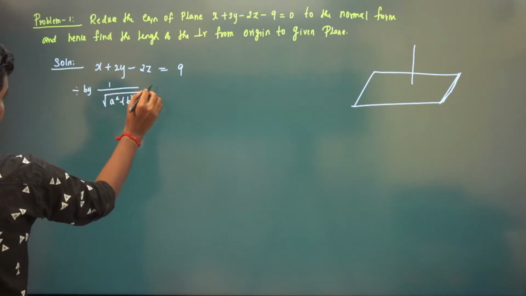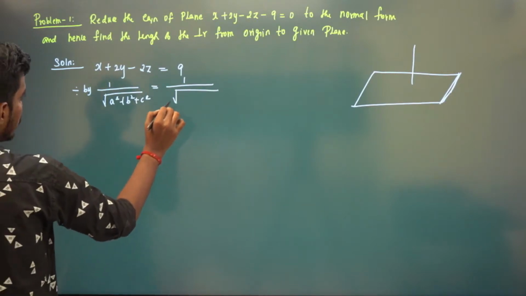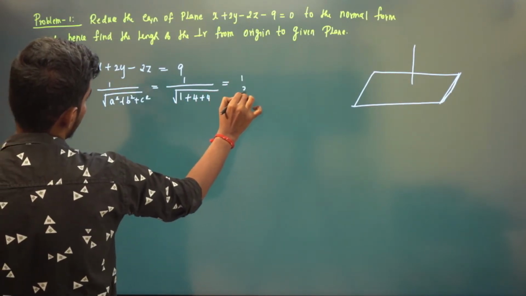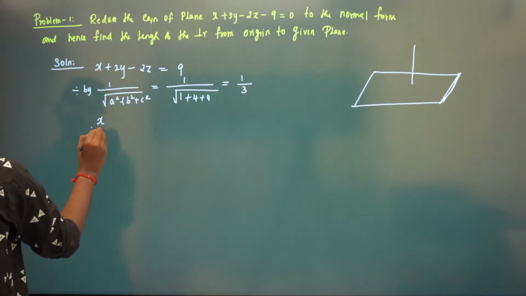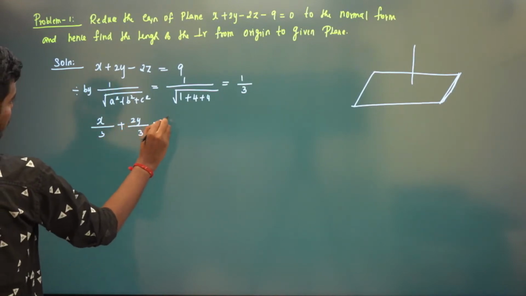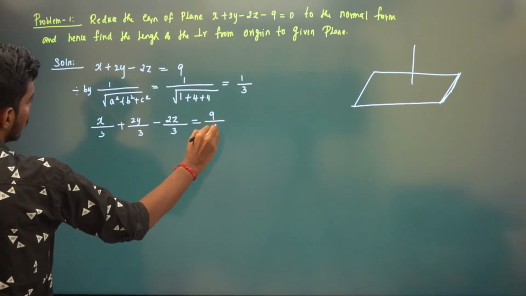It is 1, 2, minus 2. So 1 divided by root of 1 plus 4 plus 4, so it is 1 by 3. So we have to divide by 1 by 3. So we have x by 3 plus 2y by 3 minus 2z by 3 is equal to 9 by 3.